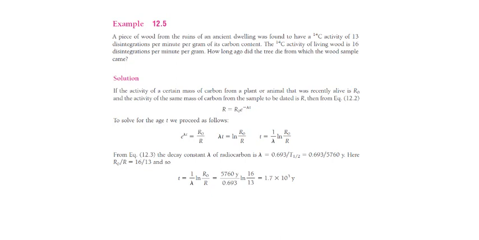R0 is given as 16 disintegrations per minute, and R is given as 13 disintegrations per minute. What we need to know is lambda. We know that the half-life of 14C is 5760 years, and the relation between lambda and half-life is this. So from here you can estimate lambda and thus the years since the tree died. That is estimated as 1.7 times 10 raised to 3 years.